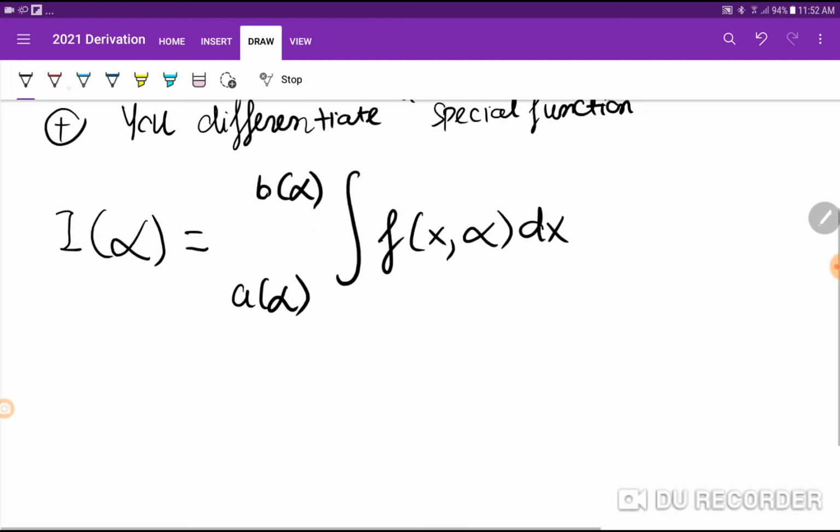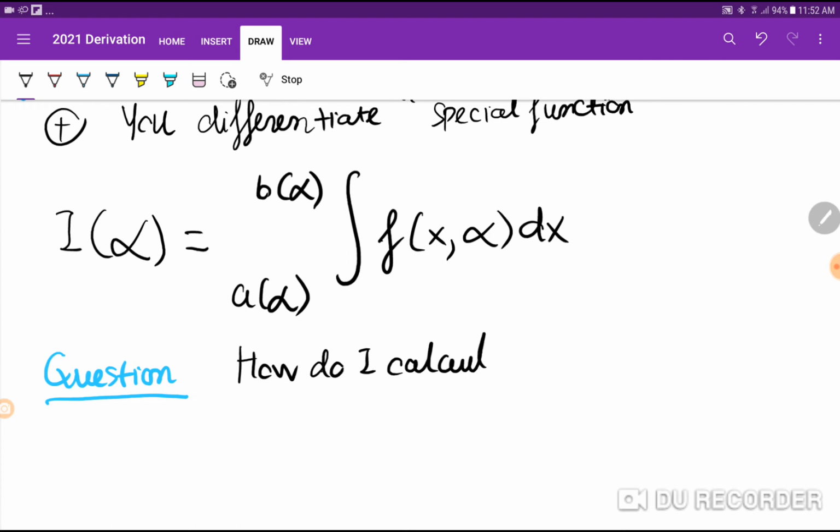The question: how do I calculate dI/d alpha? Well, this seems like a very simple question, right?